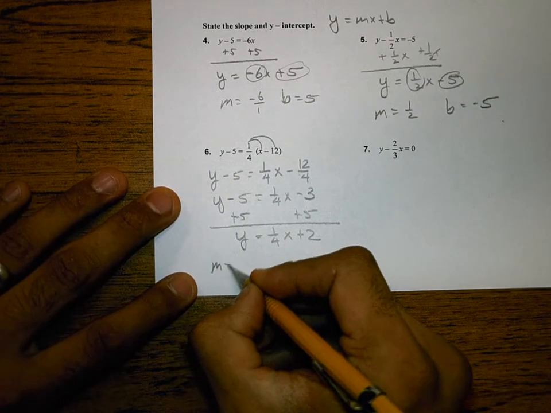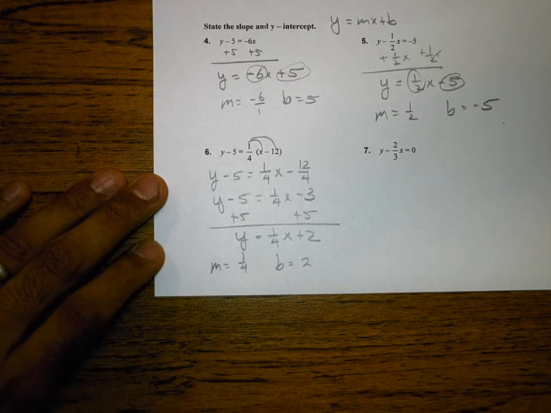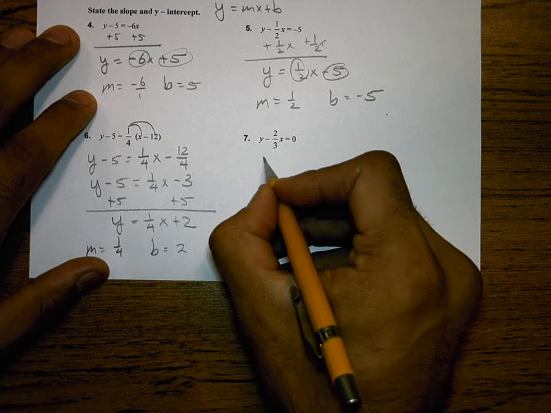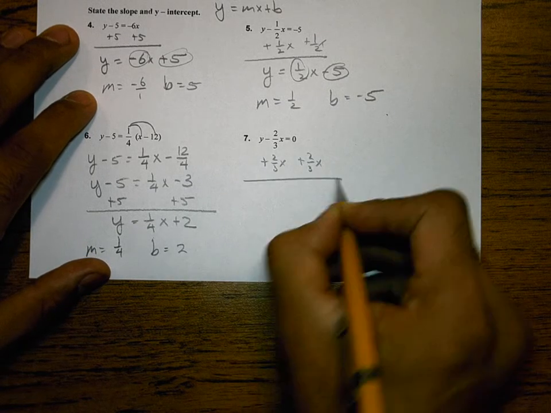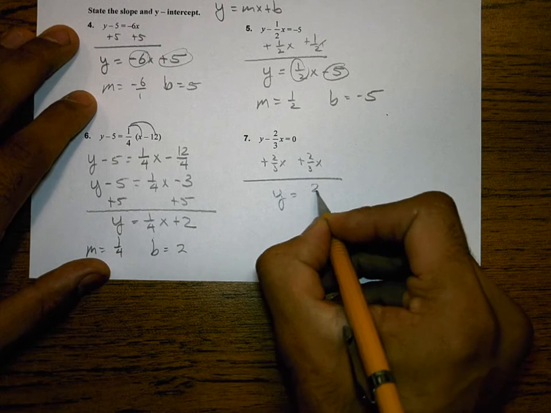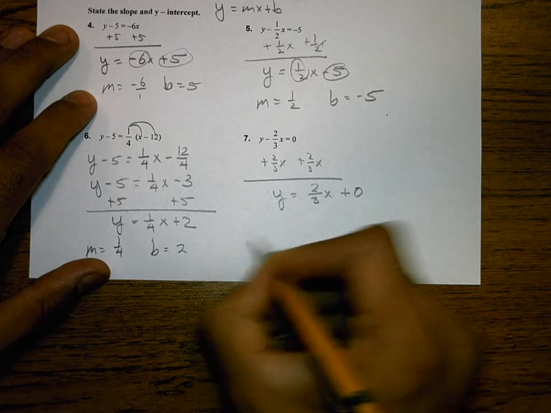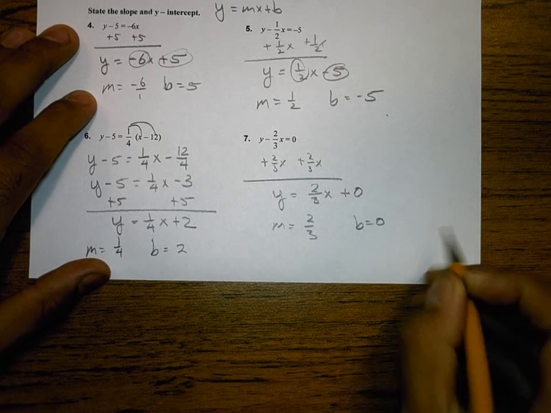So my slope is 1 over 4, and my y-intercept is positive 2. Here I'm just going to add 2/3 to both sides. So I get y equals 2/3 x. Well, I can think of it as plus 0. So my slope is 2 over 3, and my y-intercept is 0.